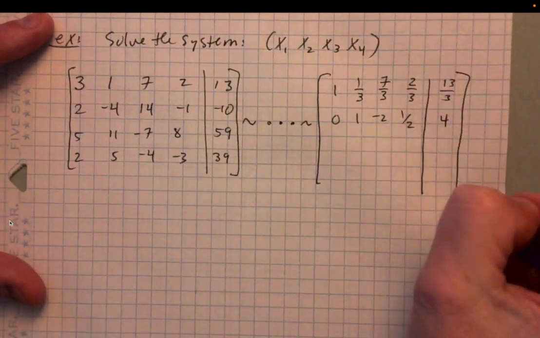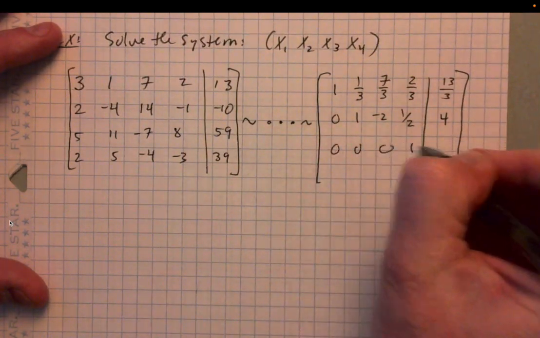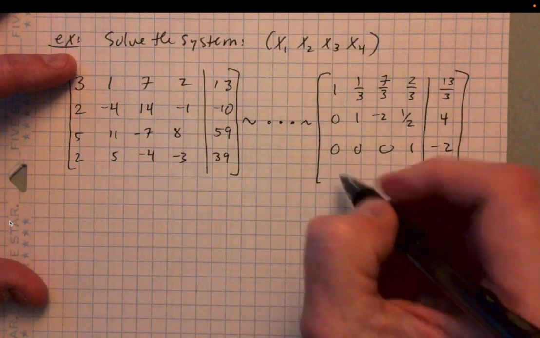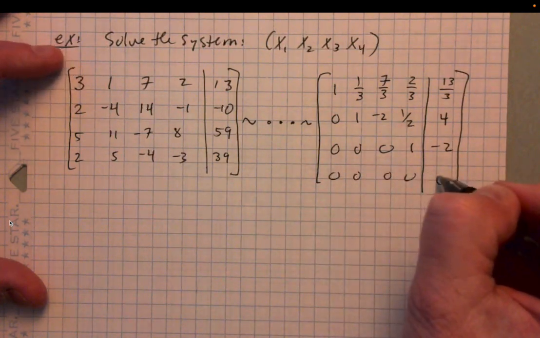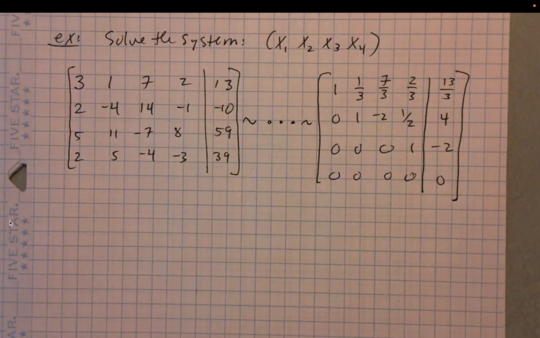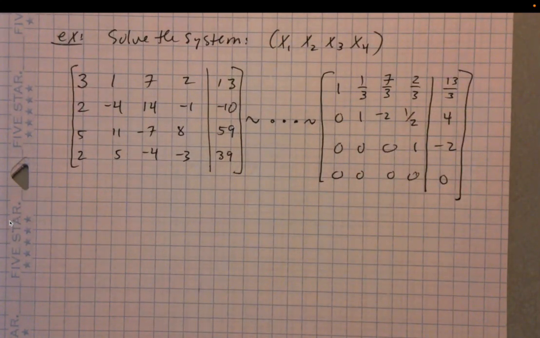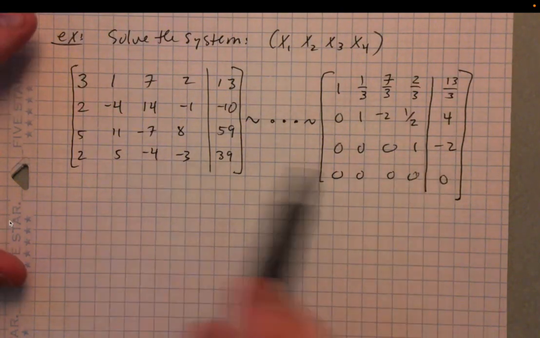And 0, 0, 0, 1, and -2, and then all zeros at the bottom. So this system can be reduced down to this, using the same operations. The only reason I'm not going through it in detail is that it'll take 10 minutes, and we need to keep moving.